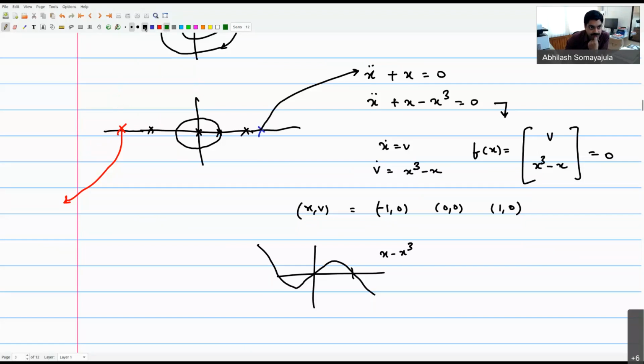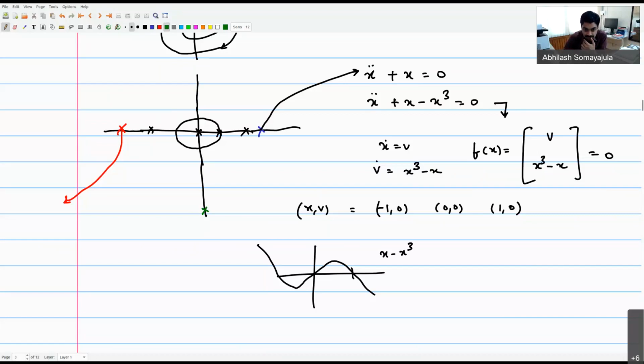So let me come back to this plot. Okay, and let's say that I'm starting at a point way far off here. What should happen here? So I'm starting with a zero initial condition, but the velocity is negative.